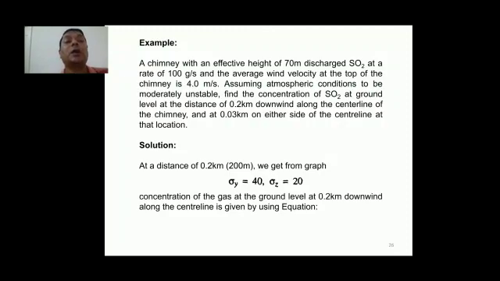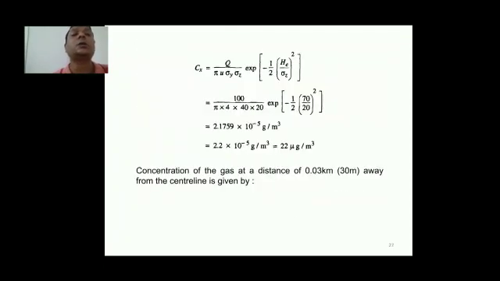Find the concentration of SO2 at ground level at a distance of 0.2 km downwind along the central line of the chimney, and at 0.03 km on either side of the central line at that location. So from these graphs we can get the values of sigma y and sigma z on the basis of the moderately unstable conditions and at a distance of 200 meters.